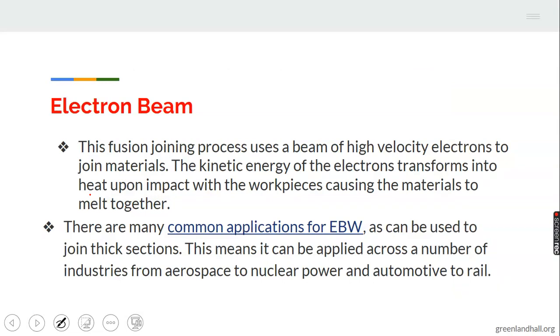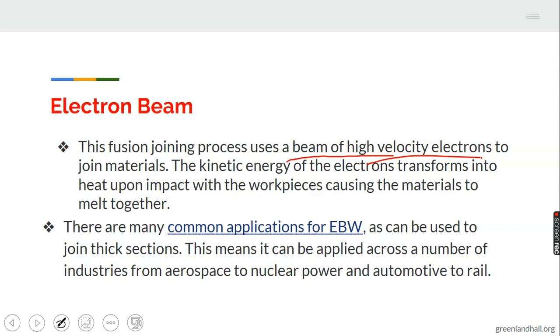Then we have electron beam welding. That's the third type of welding we're talking about. This joining process uses a beam of high velocity electrons to join metals. The electrons are released under high kinetic energies, and during the process, heat is generated, and the heat of the impact on the workpiece causes the materials to melt together.